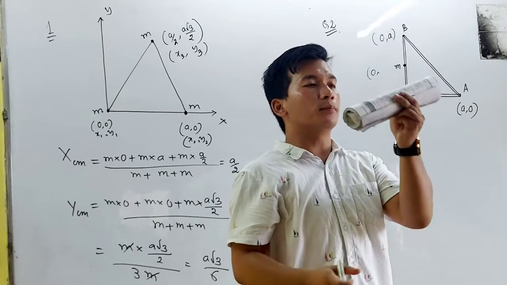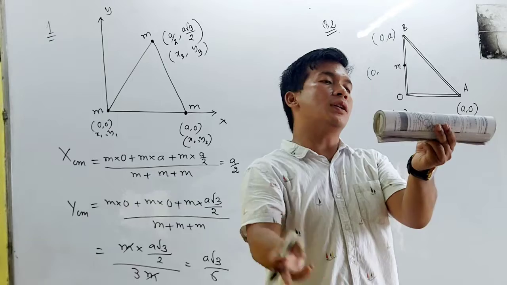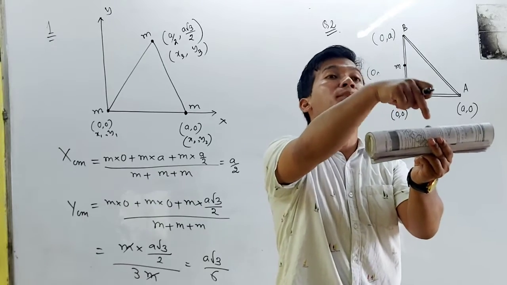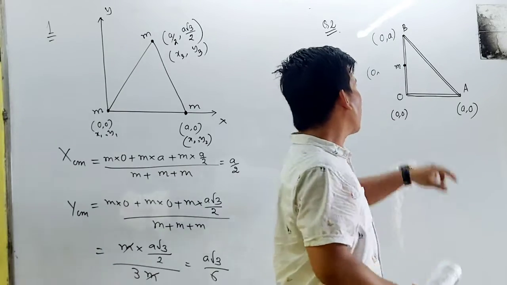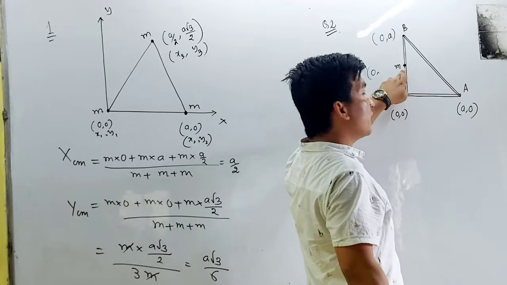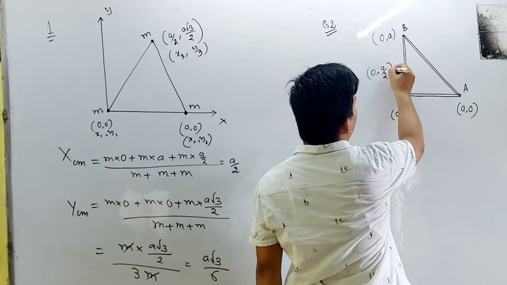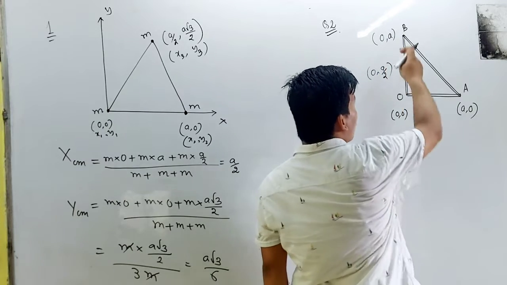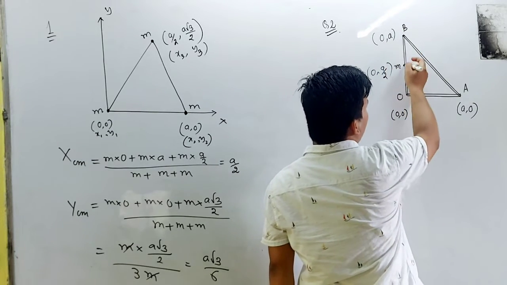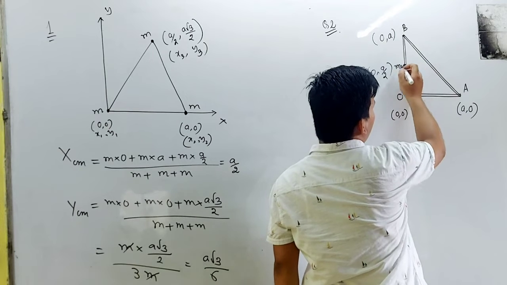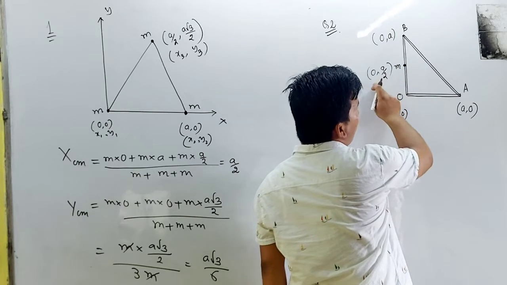For such type of object, your center of mass is going to be located at its midpoint. Midpoint of the length a is a by 2. For OB, we convert it into point mass M located at coordinate 0, a by 2.